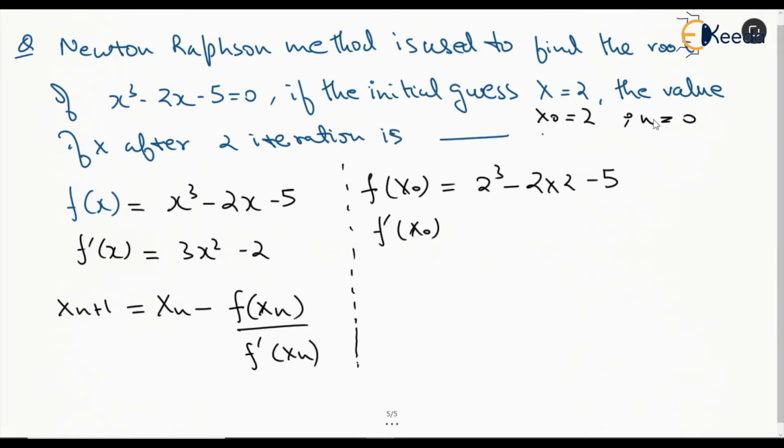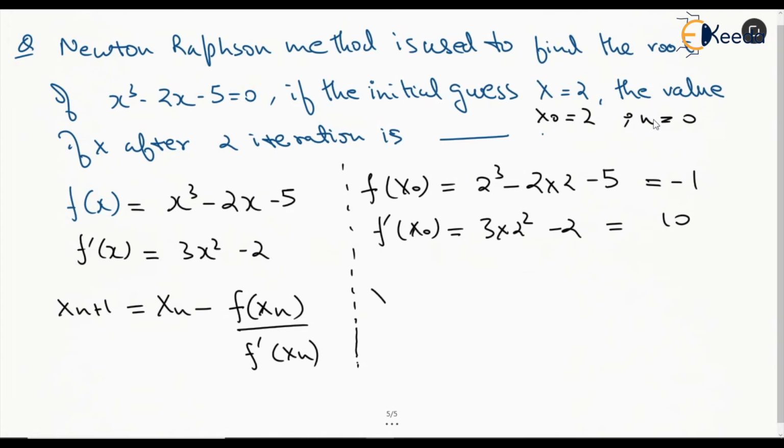So this is 8 minus 9, which is minus 1. Also, the f dash at x equal to 2 is 3 into 2 square minus 2. So this is 12 minus 2, which is 10.